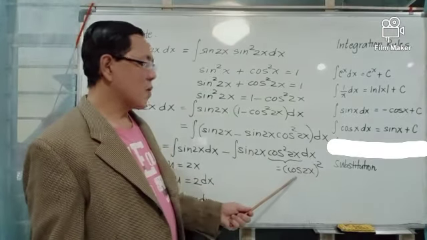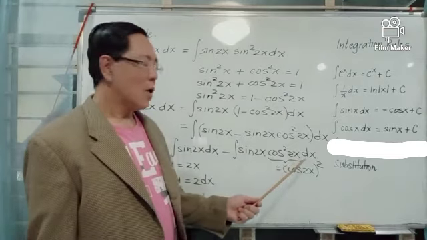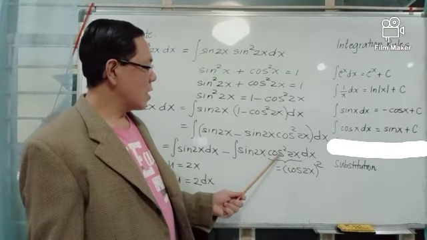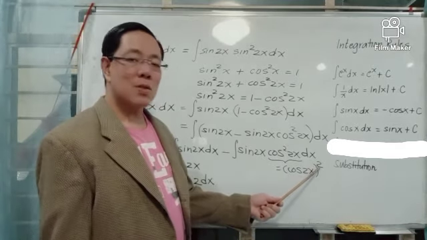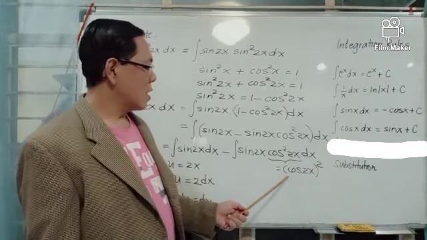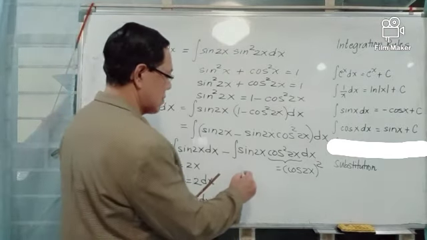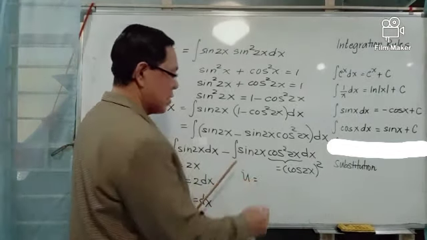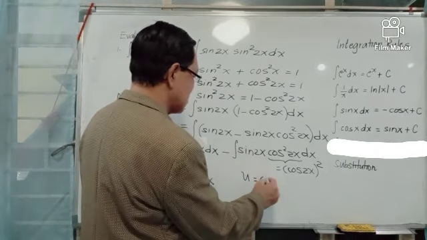Cosine squared 2x is the same as cosine 2x to the power 2. And we let cosine 2x be equal to u. For the second integral, we let u equal cosine 2x.